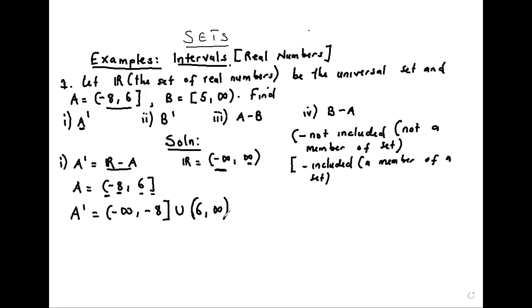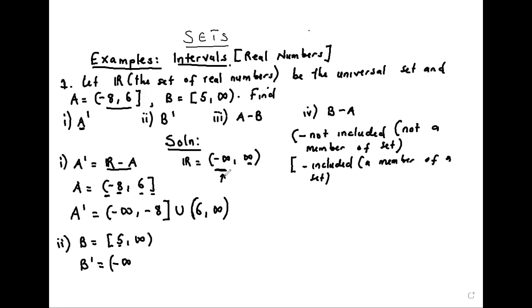If you want to get B complement, we have B running from 5 to infinity. Now we get the complement. It will be from -infinity. Why from -infinity? That's where the universal set starts from, all the way up to where B is starting from.